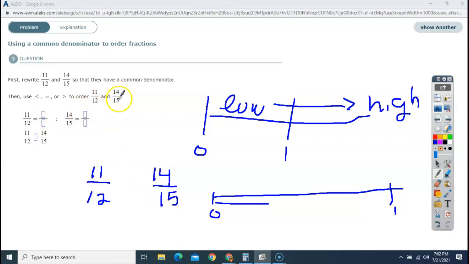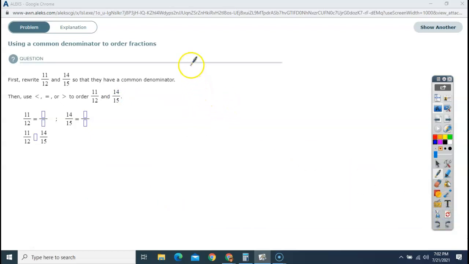first, what's the common denominator between 12 and 15? So what we want to do is start with our larger number, and we have 11/12, and we have 14/15. 12 doesn't go into 15, so if I do 15 times 2, that's 30. 12 doesn't go into 30.